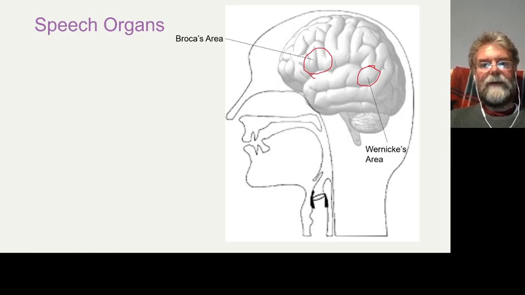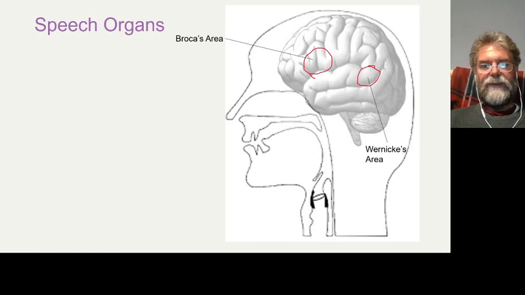So if you get damage to Broca's area, what tends to happen is that the person can understand reasonably well what is being said to them, but they have difficulty in producing fluent language. They stammer and they find it difficult to put words together to form sentences and things like that.